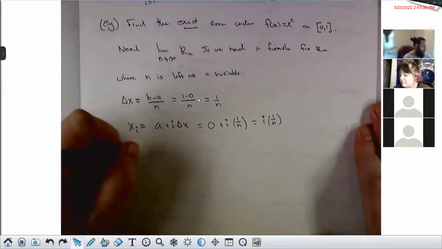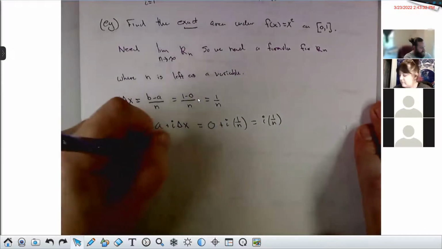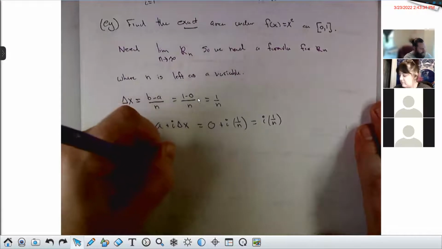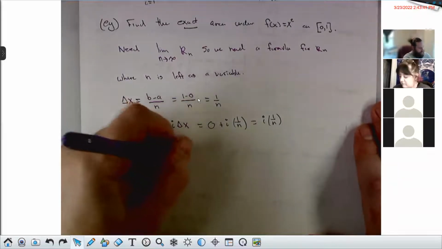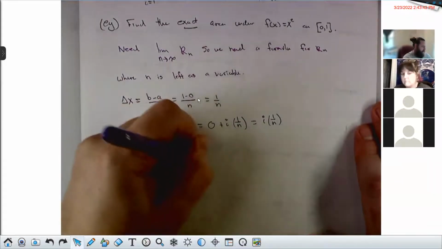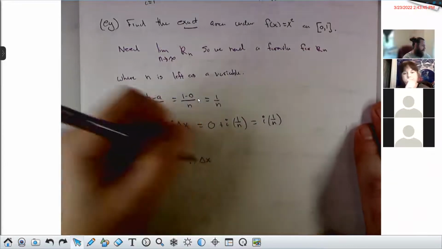Now, Rn, I know, is the sum from i equals 1 to n, again, leaving n as a variable, of f of xi times delta x.